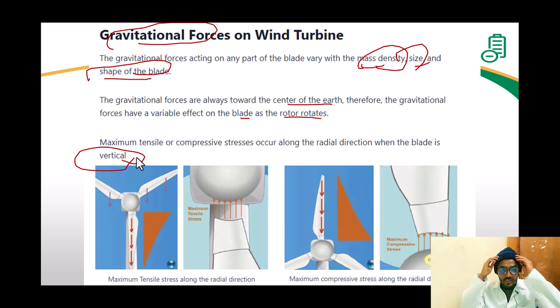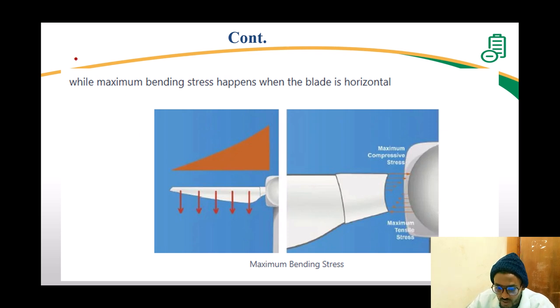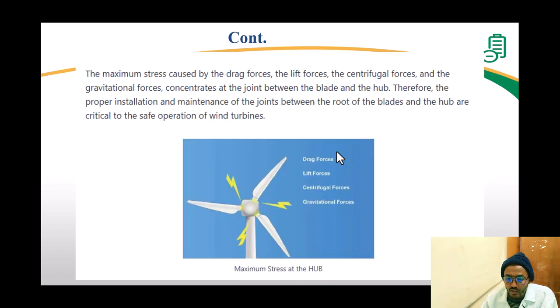So at the same time, when we are designing our wind turbine blades, we need to make sure we consider this effect, which is gravitational force. While maximum bending happens when the blade is horizontal. So when the blade is horizontal like this, there's going to be a higher bending stress due to the gravitational force, especially considering the weight of the blade.